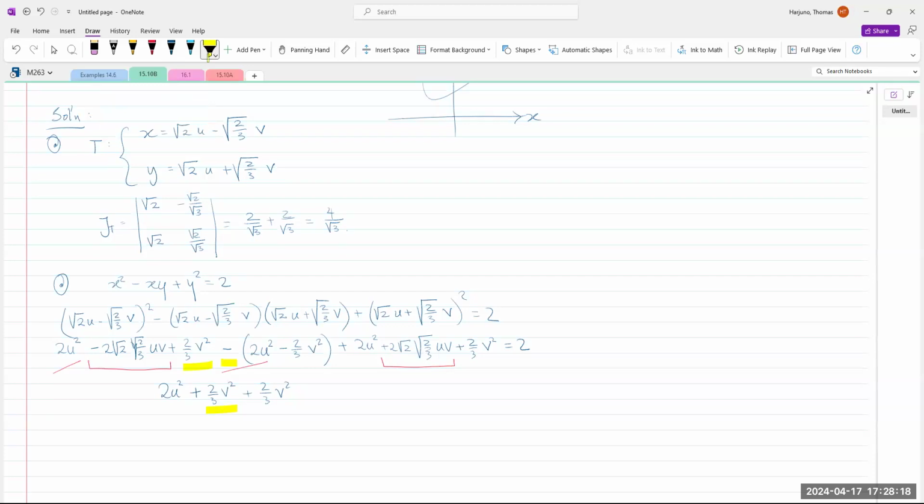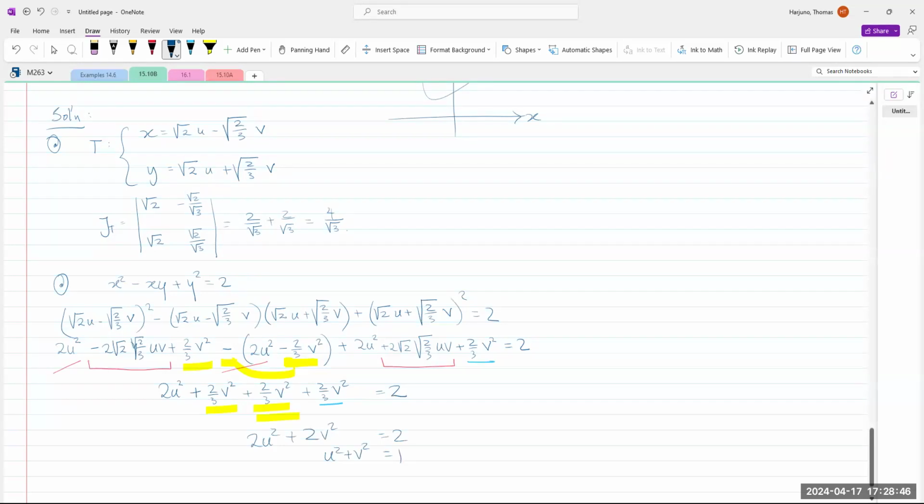Let me use this. And then the last one, plus 2 over 3 phi squared, is this one here, equals 2. We'll just move it here. So it's basically 2u squared plus 2 phi squared equals 2. So u squared plus phi squared equals 1.